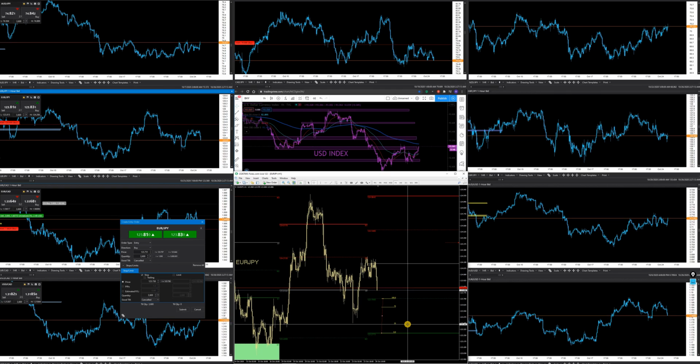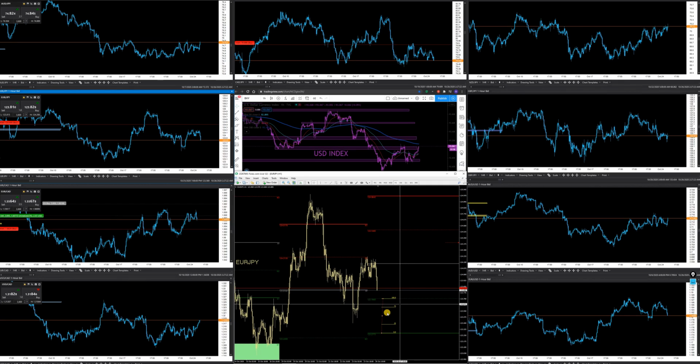Alright, stop's going to be at 123385. Okay, this would be void if price comes to the central pivot. Go ahead and place that there.